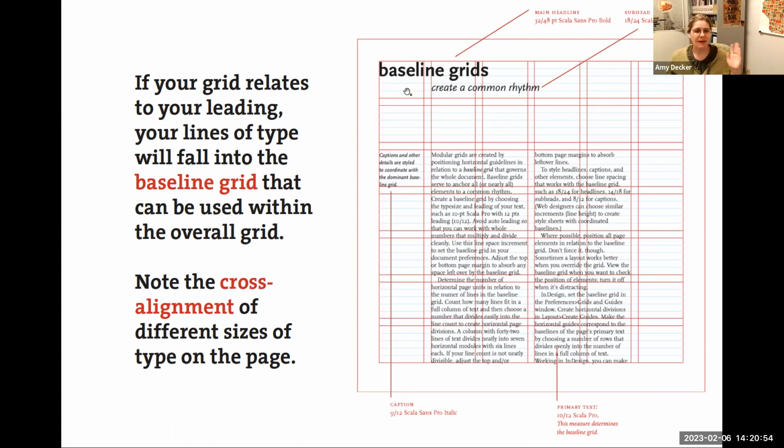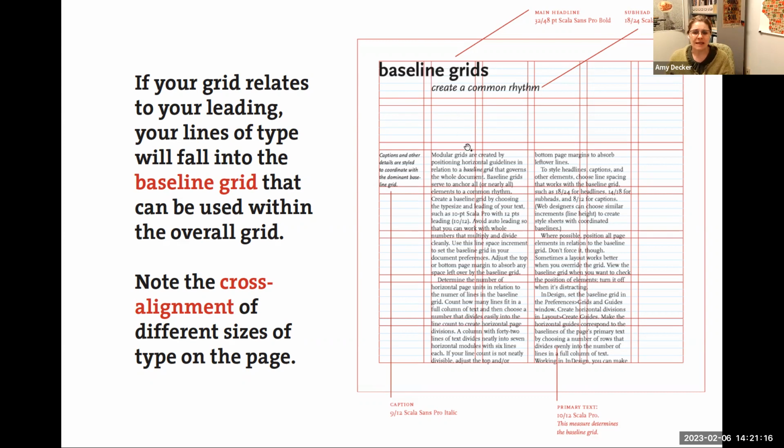So in this last assignment, we didn't start with using baseline grids. We just focused on the column grid. But moving forward, we're now going to be using baseline grids. Baseline grids are referring to exactly what you might think. All of your type sits on a baseline. So we all know type sits on a baseline.